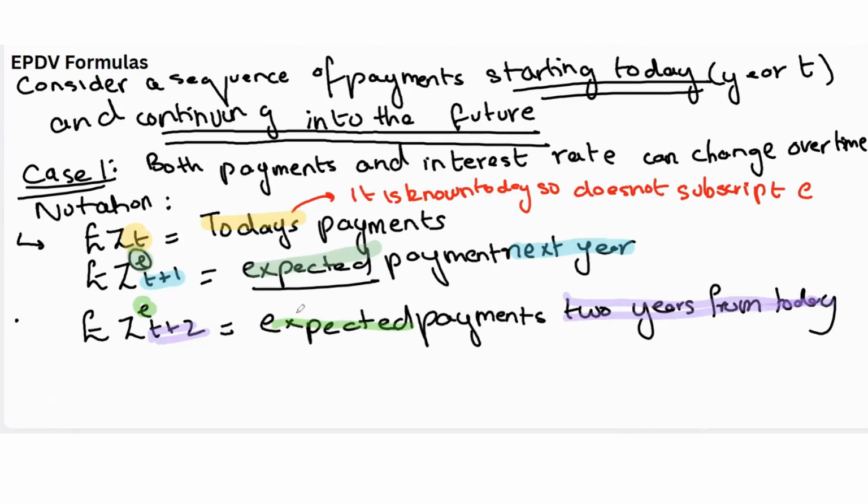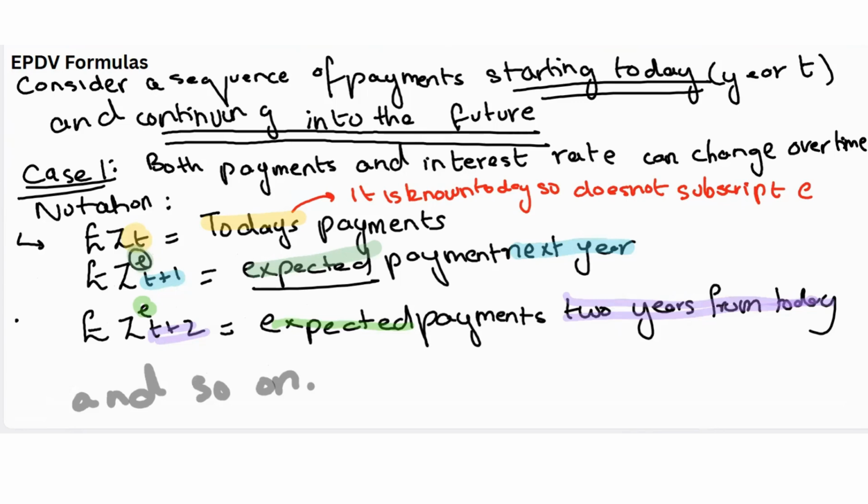Like we said, year T represents today, T plus 1 represents next year, T plus 2 represents 2 years from today. Z_E T plus 3 will represent the expected payment 3 years from today and so on. So this is the notation for the payments.